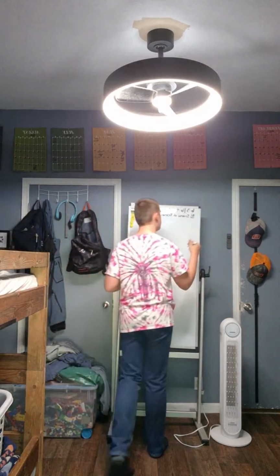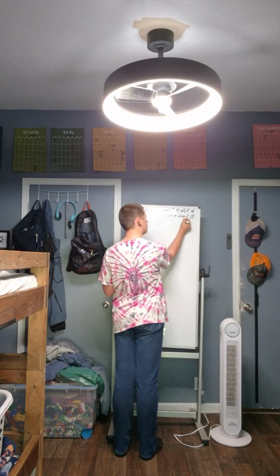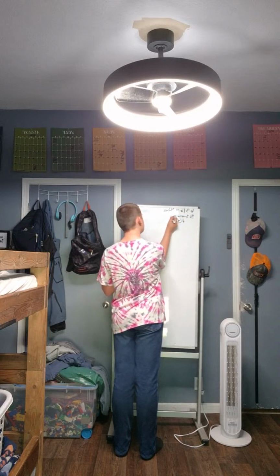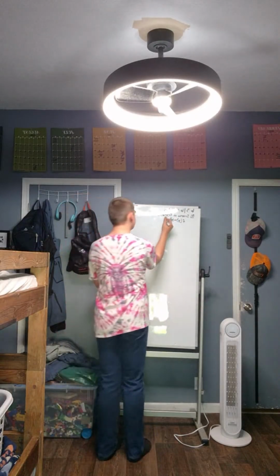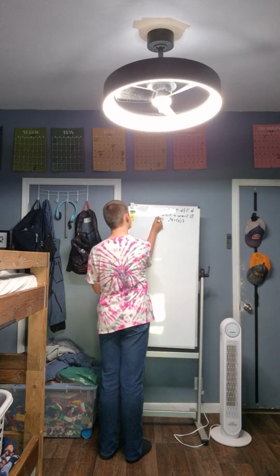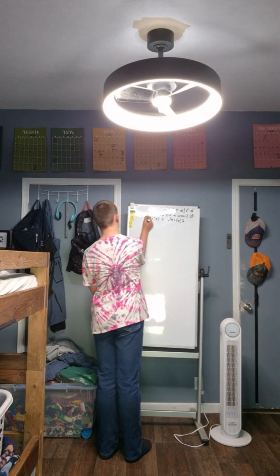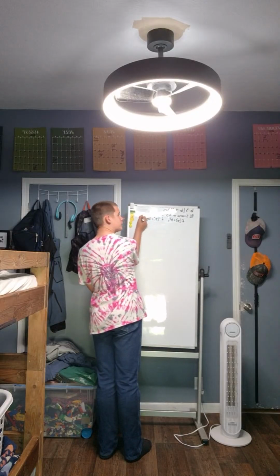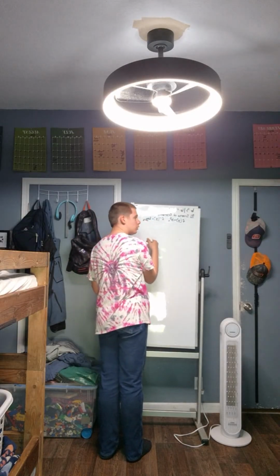So if f of x is equal to b to the power of x, then f to the power of -1 of x is equal to log base b of x. Or just x, whatever. Okay, x.